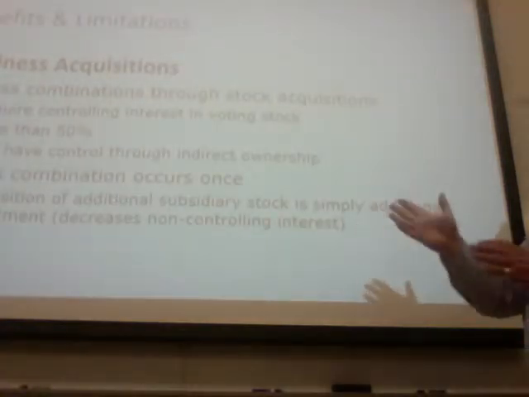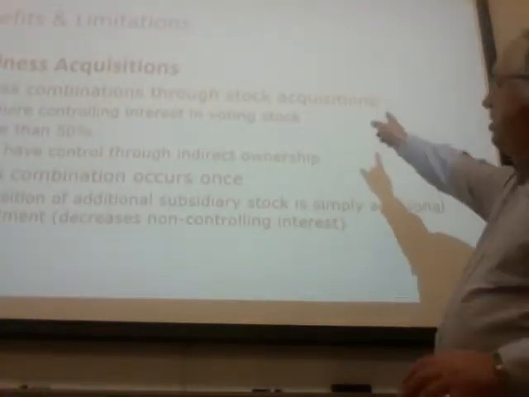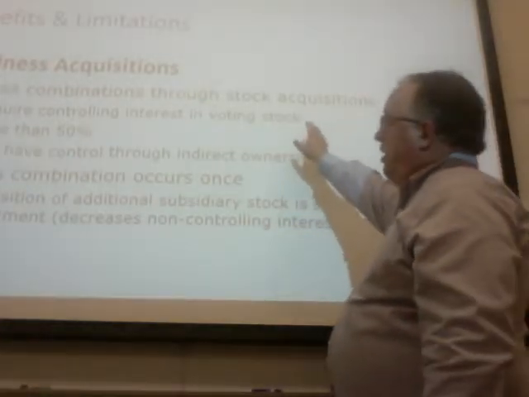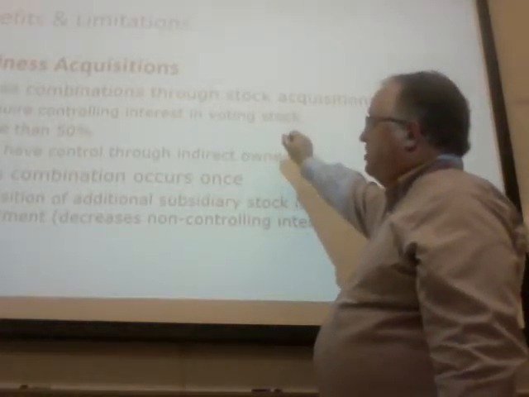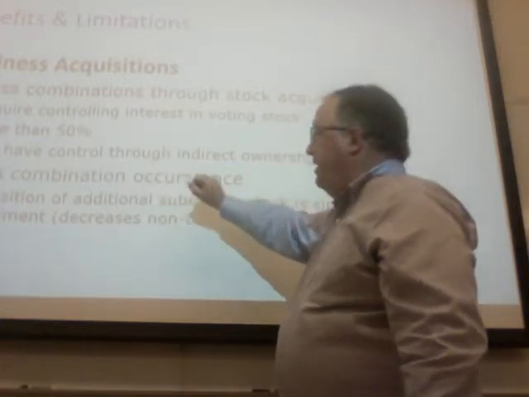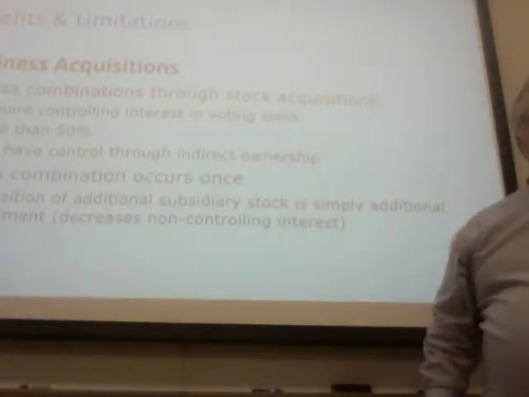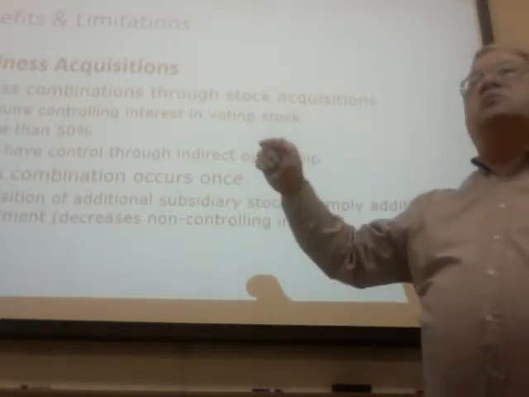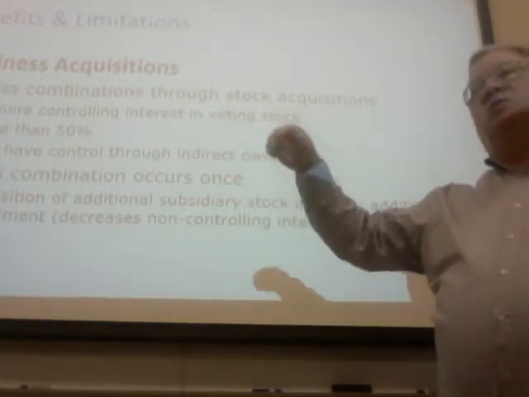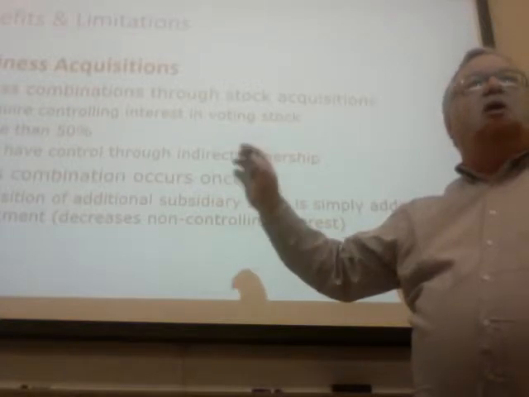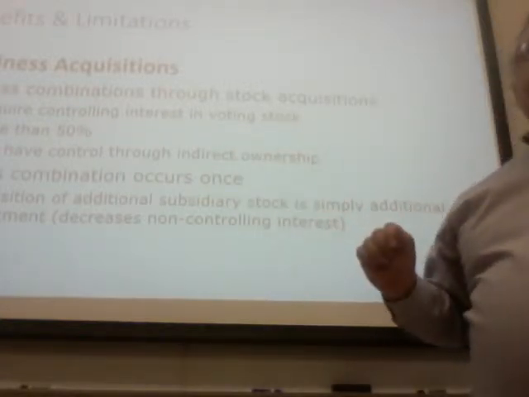Okay, business acquisitions, combination through stock acquisitions. We acquire a controlling interest in the voting stock, more than 50%, or may have control through indirect ownership. In other words, we own subsidiary A that also owns stock of subsidiary B. That's indirect control.